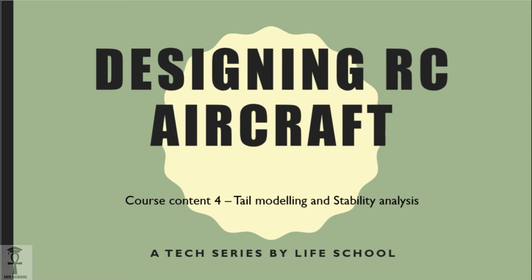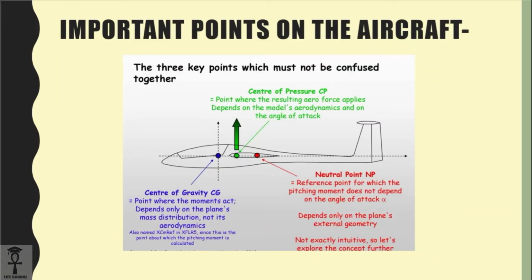Before the course starts, I would like to define some different points for you so that you can understand this. I have an image over here for you. This is an image of 3 points: the center of pressure, the CG, and the neutral point. First of all, I would like to define these 3 points so that you can understand the tail part better.